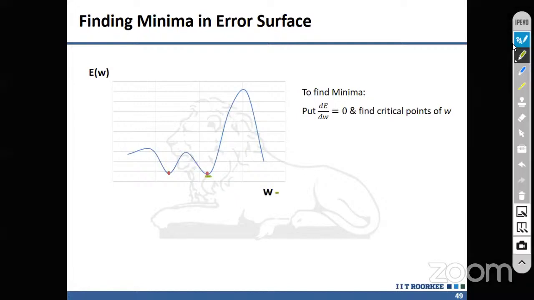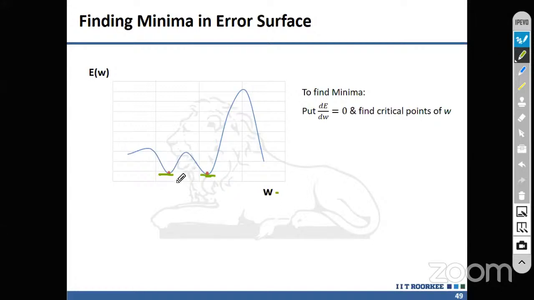So with respect to this weight W, at this point the derivative is zero, that means this is minima. This is what we want.